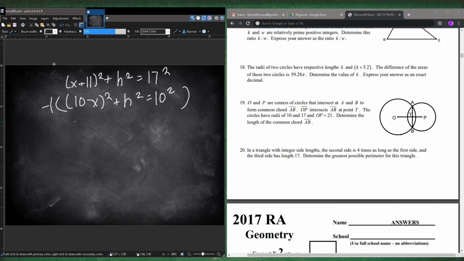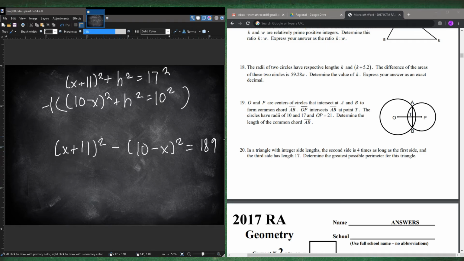Then when we add them together, we have (x plus 11) squared, we have a negative h squared that cancels with the other, and then we have minus (10 minus x) squared. And then 17 squared is 289, I believe. Yep, and then minus 10 squared, which is 100. So that leaves 189.